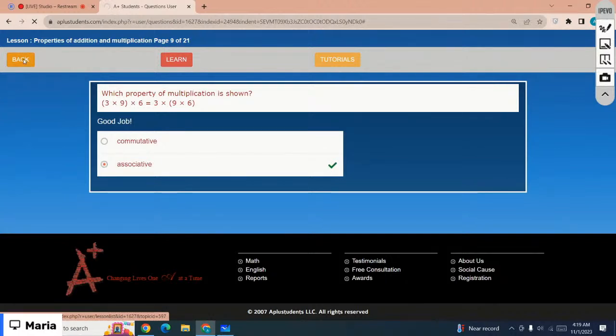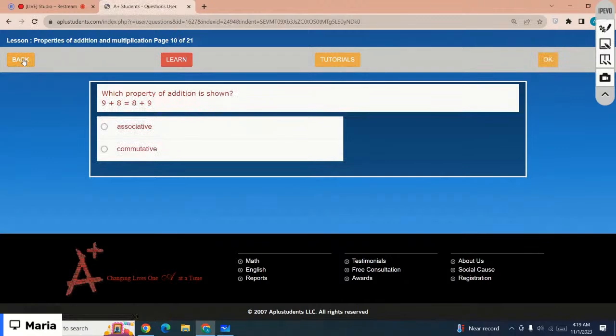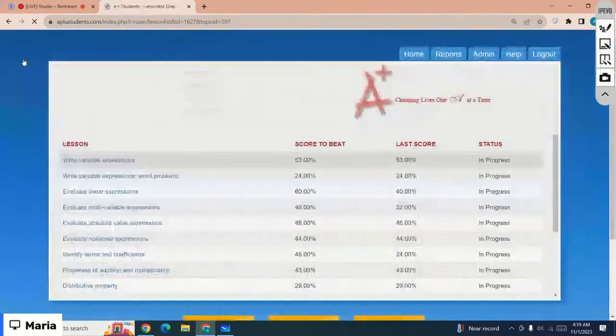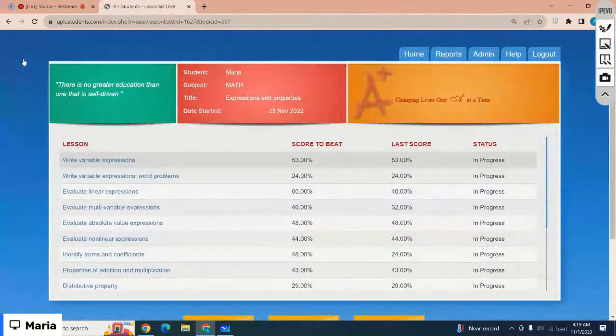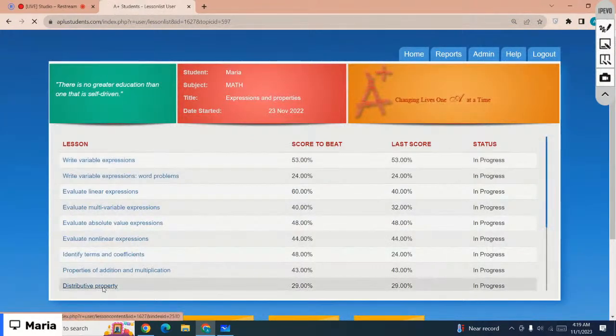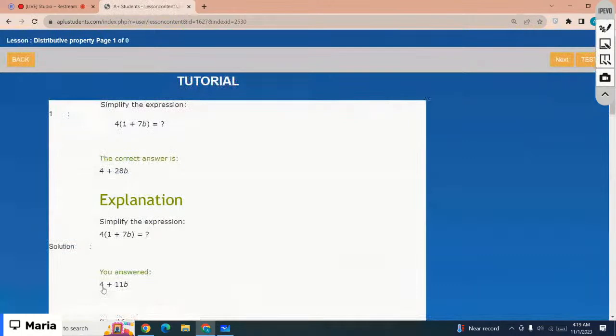So the next lesson is distributive property. So basically, what is the distributive property? Let me just explain.